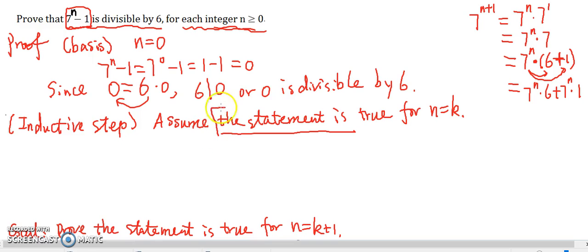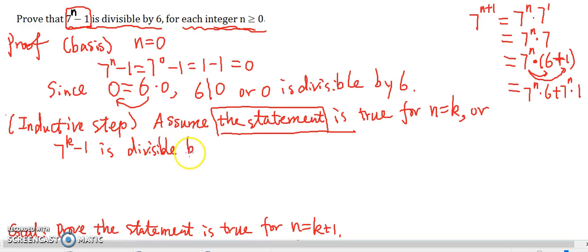We have to write it out so we can prove it. For the statement with n equals k, we replace n with k in the expression. So we get 7 to the kth power minus 1 is divisible by 6.